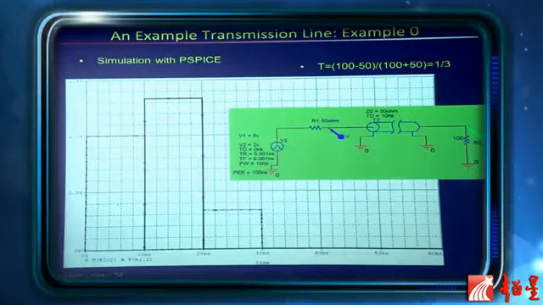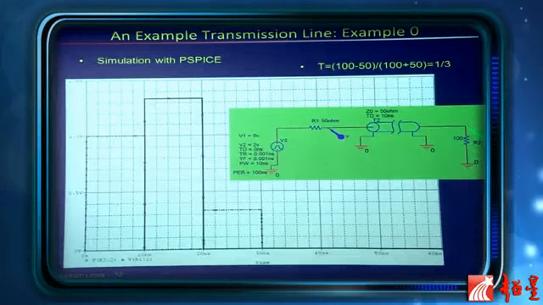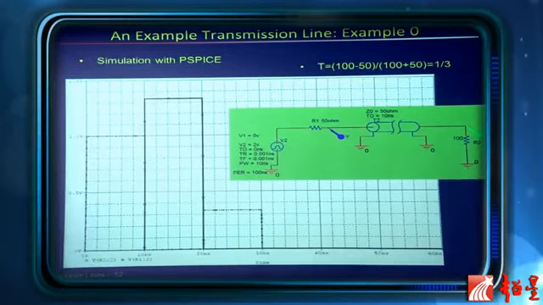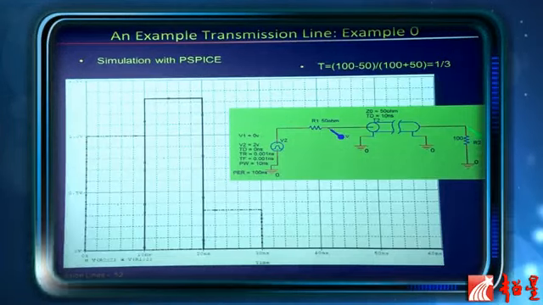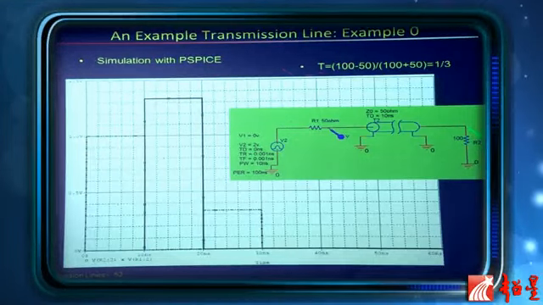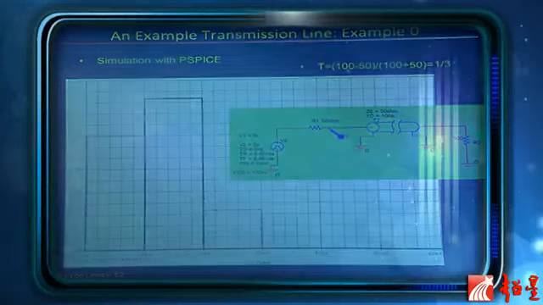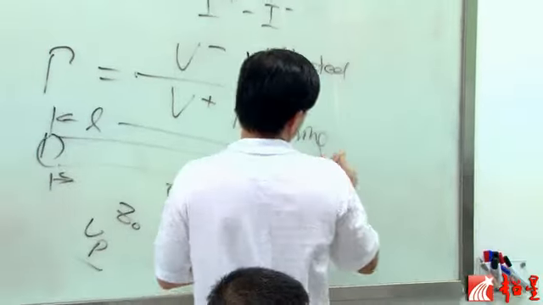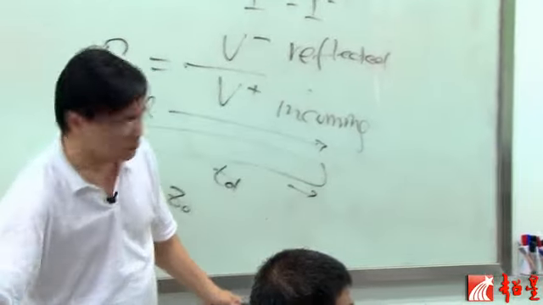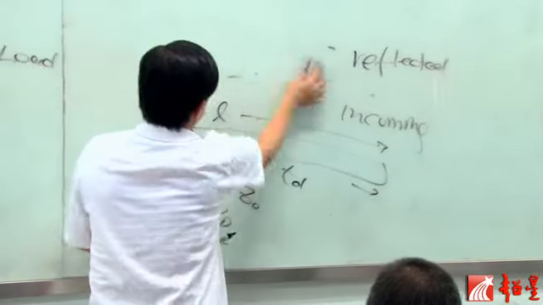And the way to find this out is, first of all, we need to calculate the reflection coefficient. That should be gamma. It's not t. That's not t. So the reflection coefficient in this case, remember the reflection coefficient calculation formula. Let me write down the formula.